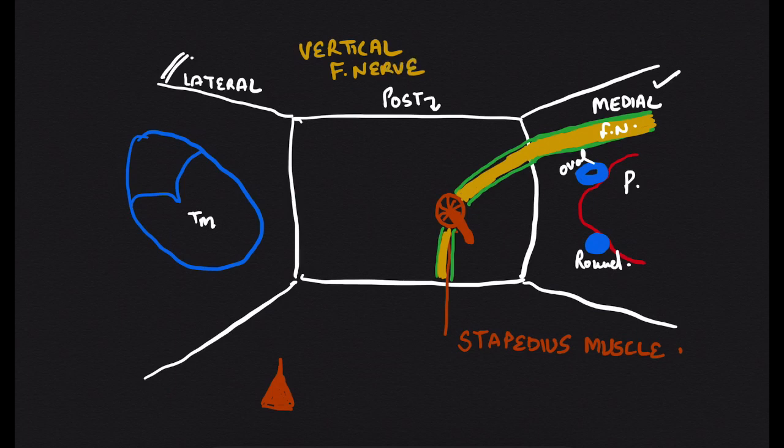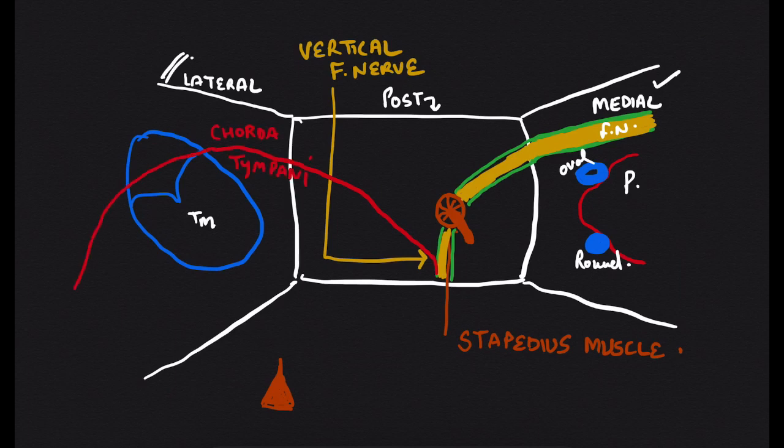So this is the vertical part of the facial nerve. The vertical part gives off a branch: one directly to the stapedius muscle, that is the muscular branch, and the other branch responsible for taste, the chorda tympani.